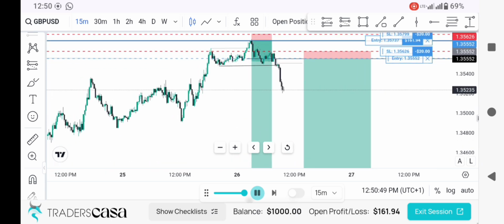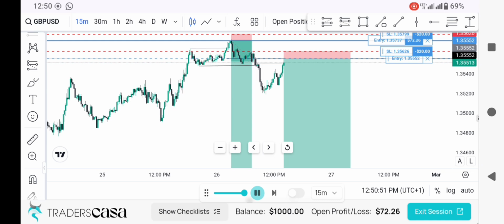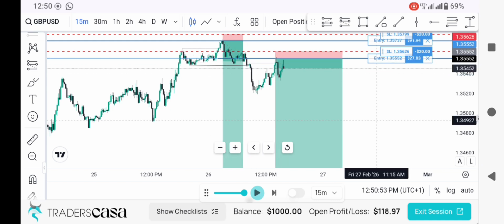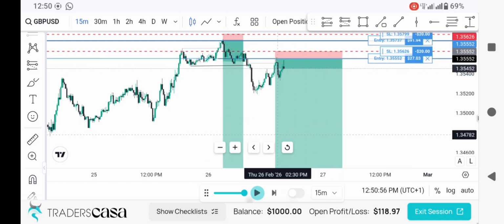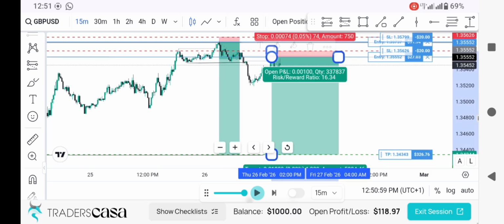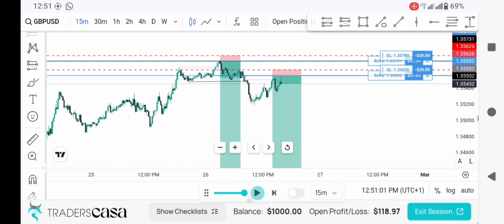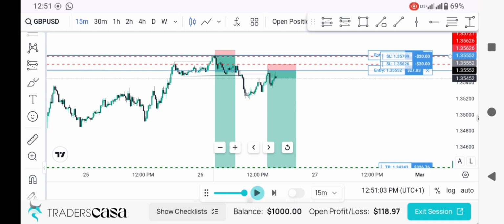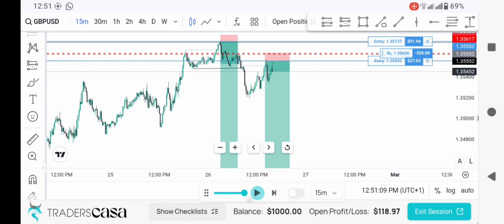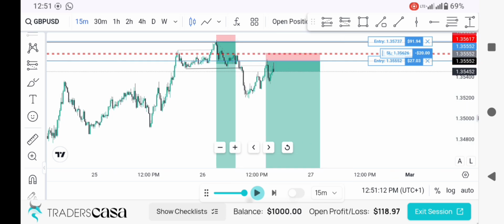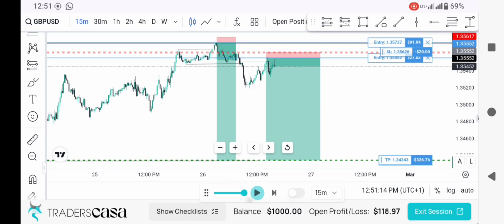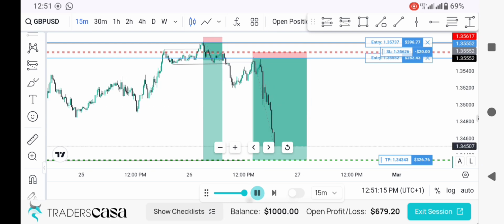And the price. The second entry came during the New York session, 2:59, which is actually good. Let's go to break even right here in case the market reverses. Let's play the price.